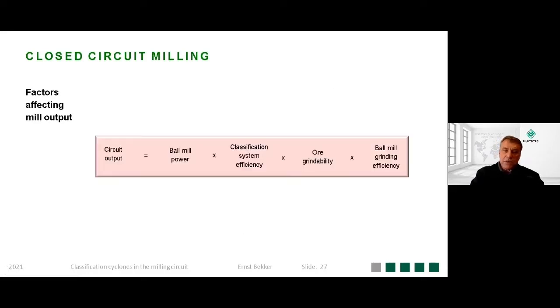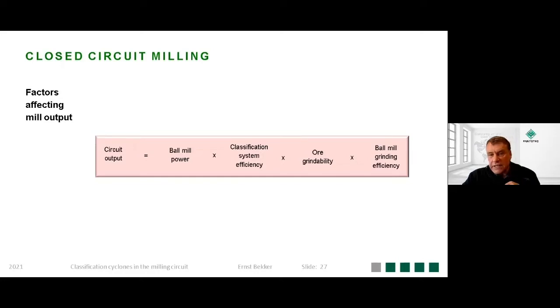What is interesting from this equation is that now there is a reference made to the classification aspect. This classification, however, is referenced to the amount of fines that are in the underflow of a hydrocyclone going back into a mill system. The more fines that are present, the lower the classification efficiency.